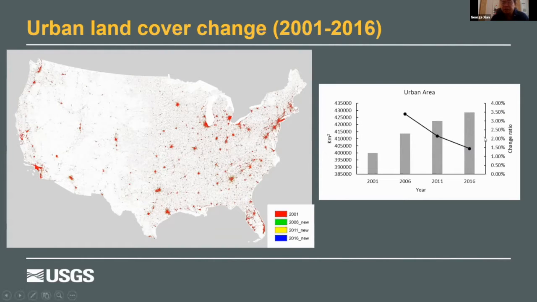If you look at the bar chart, you can see that generally urban area keeps growing in the entire United States, but the change rate reduced slightly. The highest change rate occurred early on; after that the change rate is still above 1.5%, and then it dropped slightly, but still a little bit above 1.4%.